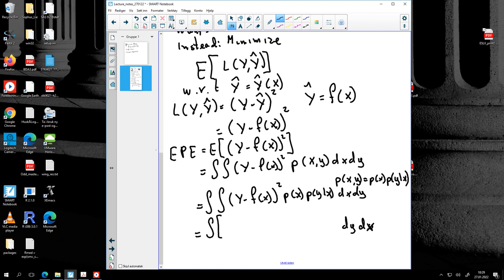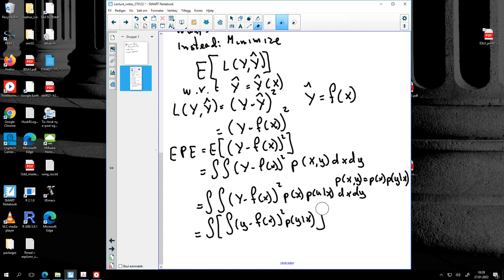And then we have the integral of y minus f of x squared p of y given x dy, and then we have p of x dx.